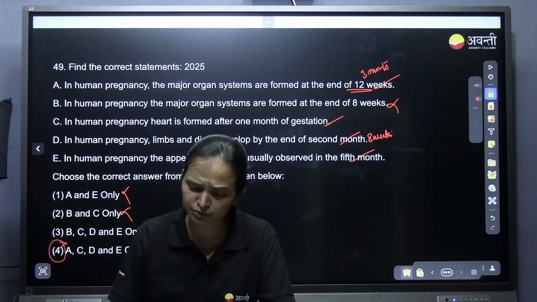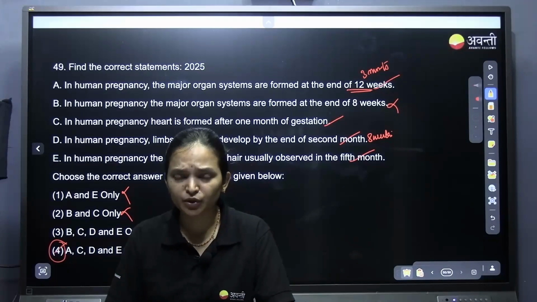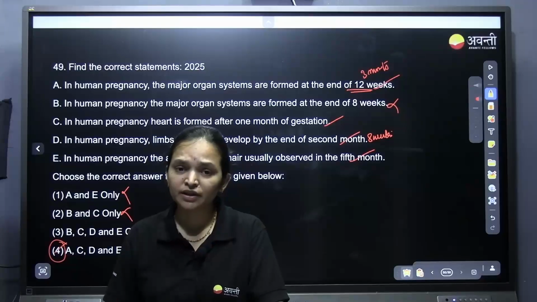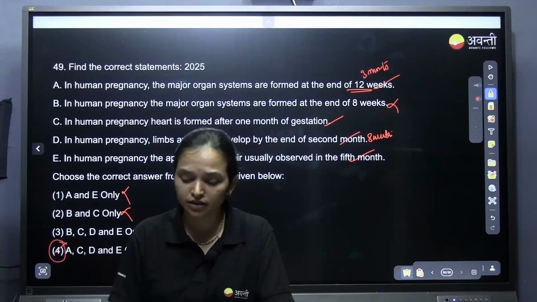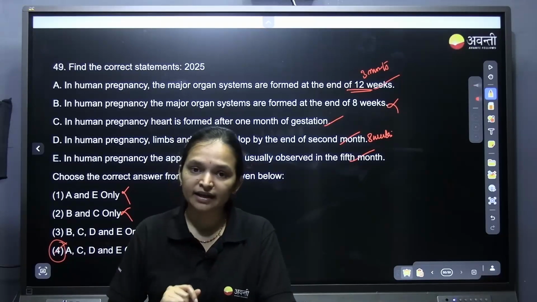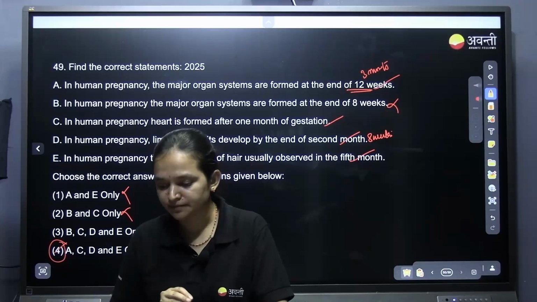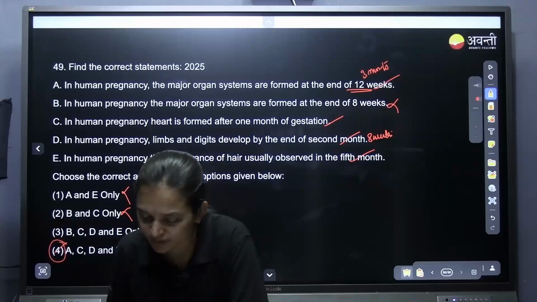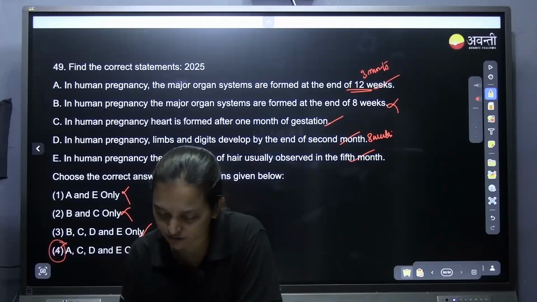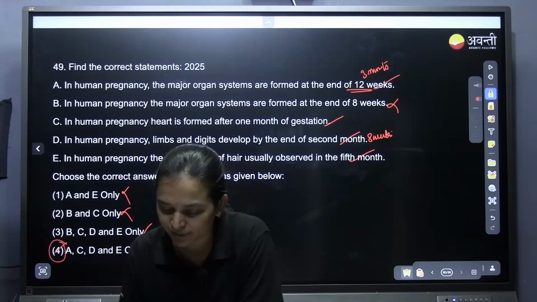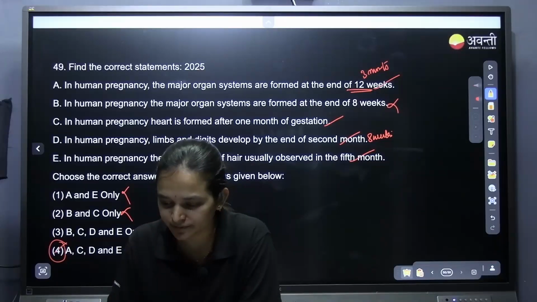At that time, the second polar body is released and the egg, that is ovum, is formed. In NCERT it is given that the ovum is released, fine, but as a concept, you need to know it is just a secondary oocyte.